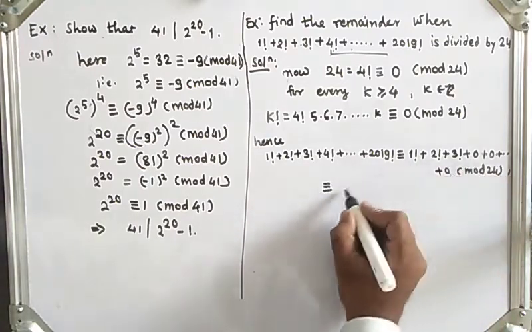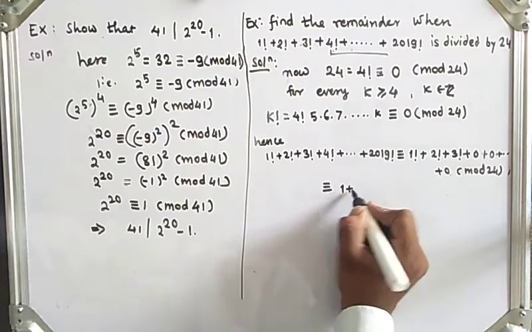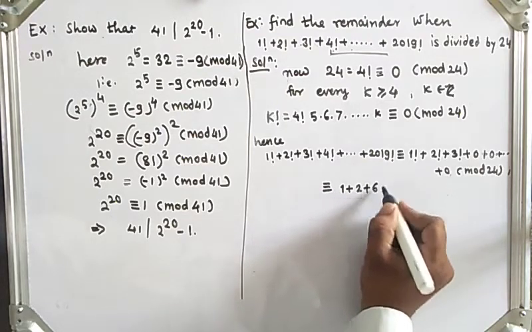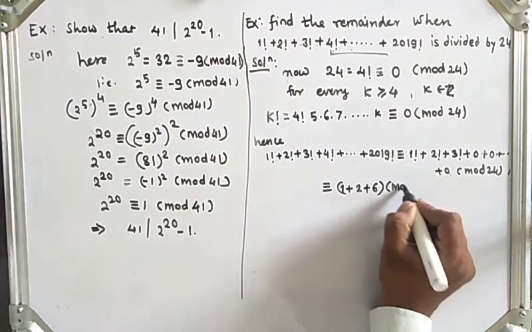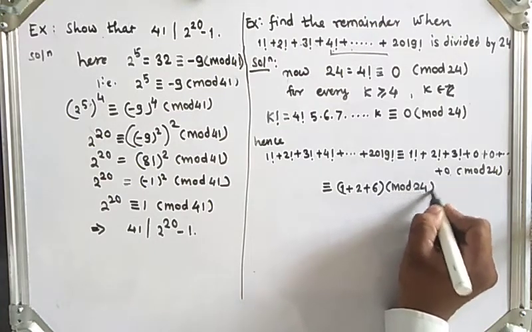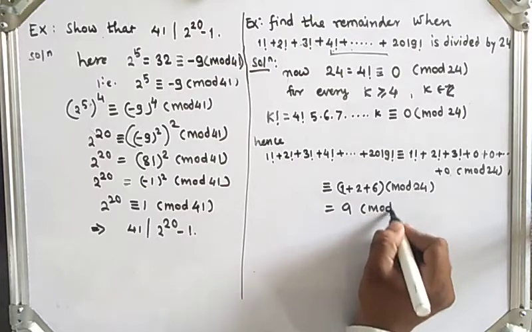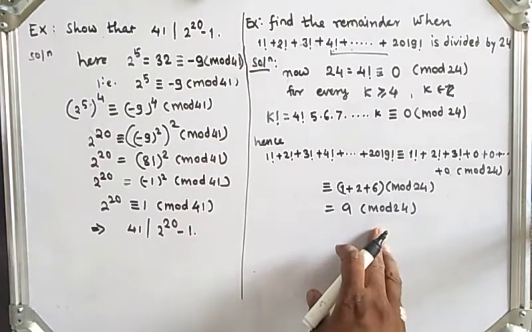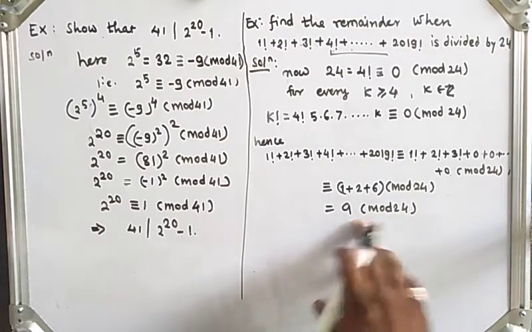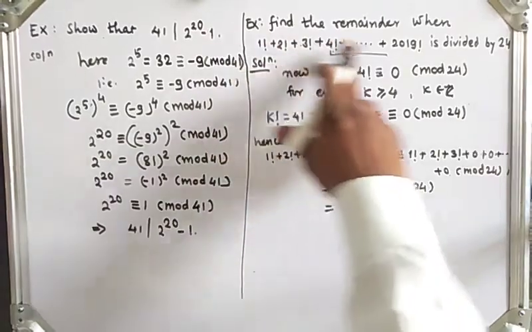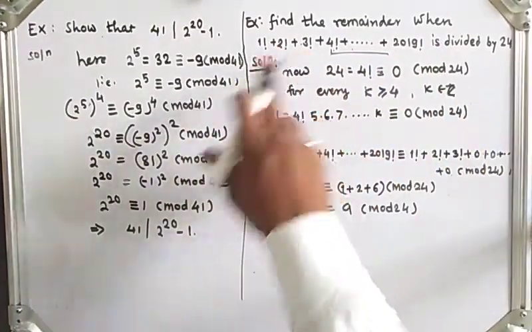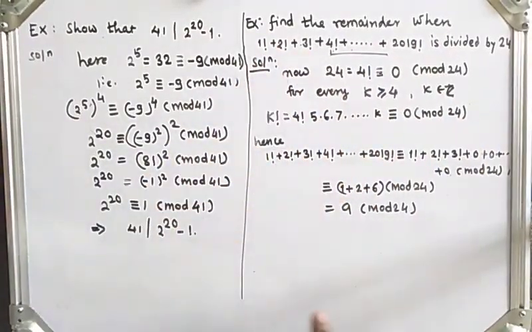The addition of these numbers: 1 factorial means 1, plus 2 factorial means 2, plus 3 factorial is 6, modulo 24. So this addition is nothing but 9 modulo 24. So the remainder should be 9 when divided by 24 for the expression 1 factorial plus 2 factorial plus 3 factorial plus 4 factorial plus and so on up to 2019 factorial.